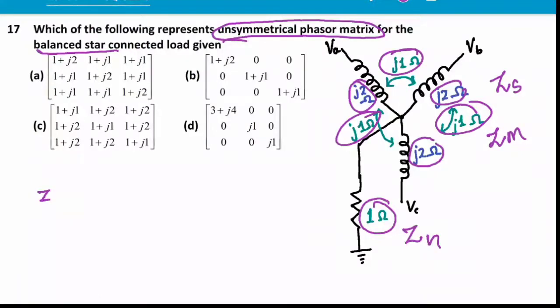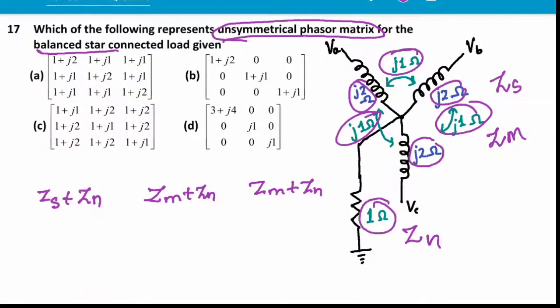So what will be the unsymmetrical component matrix? It will be Zs plus Zn and Zm plus Zn, Zm plus Zn, and this is a symmetrical matrix.